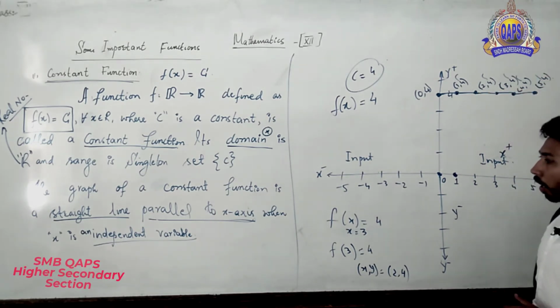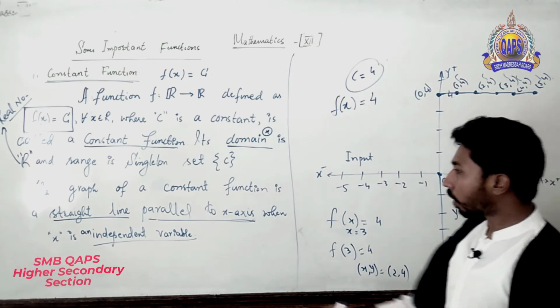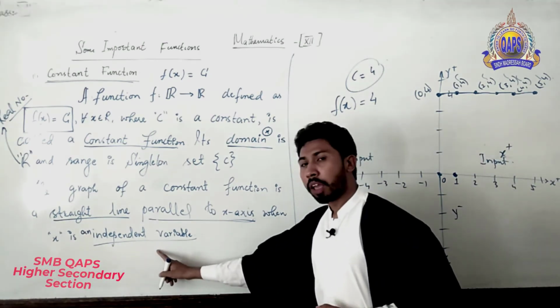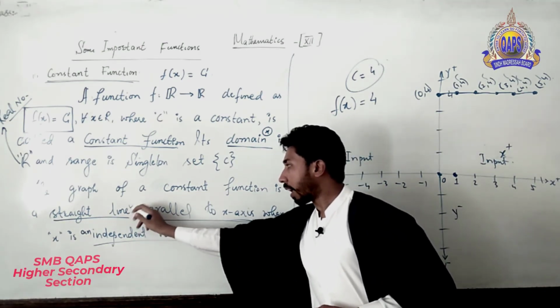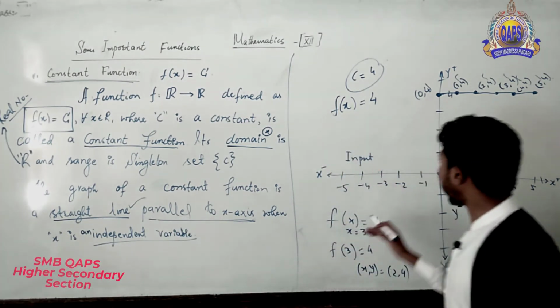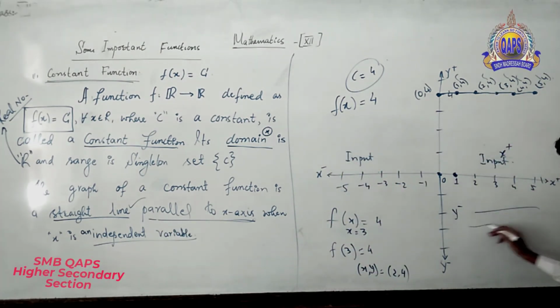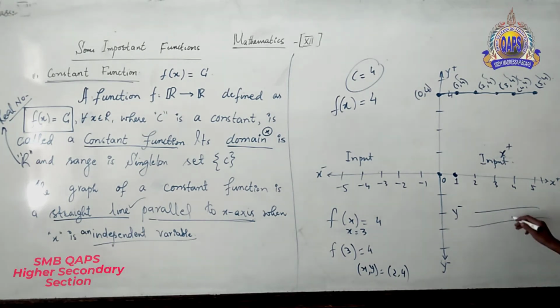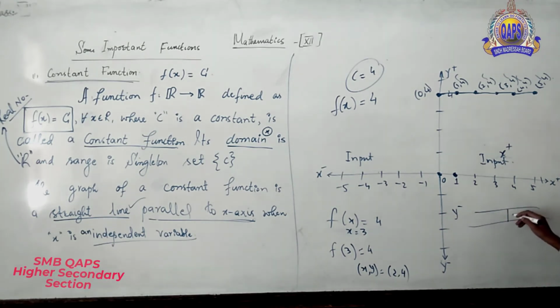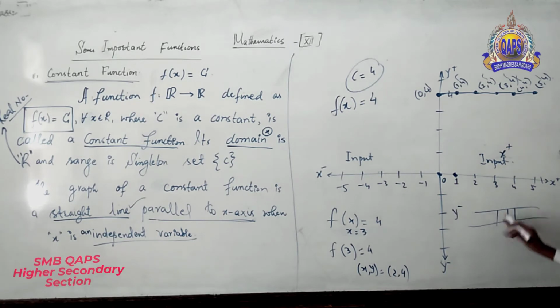So that's why we can say that x represents the independent variable and it gives a straight line parallel to the x-axis. This line and this line are parallel straight lines, but there is a distance between these two lines.